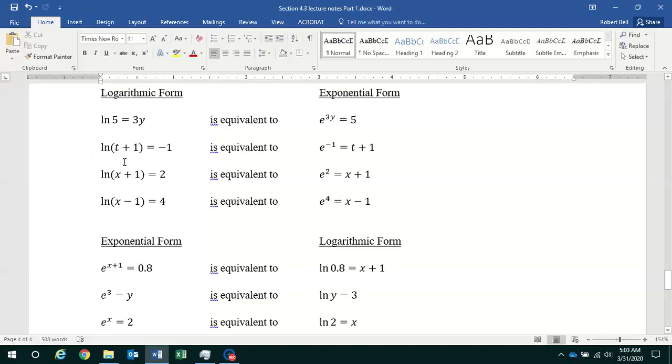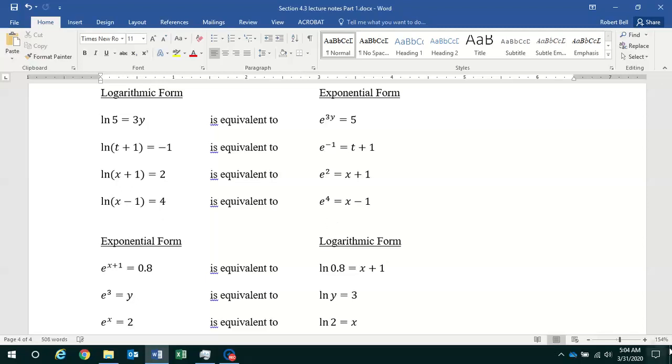Natural log of t plus 1 is equal to negative 1, means e to the minus 1 is equal to t plus 1. Natural log of x plus 1 is equal to 2, means e squared is equal to x plus 1. And natural log of x minus 1 equal to 4 means e to the 4th is equal to x minus 1.